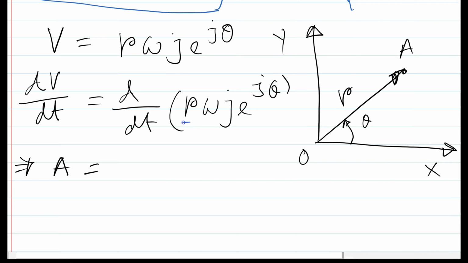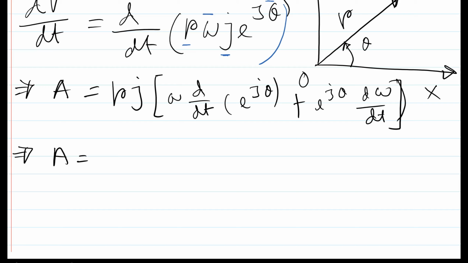Here r and j are constants, they do not change with respect to time. However, omega and theta change with time. So let's differentiate these two parts with respect to time.